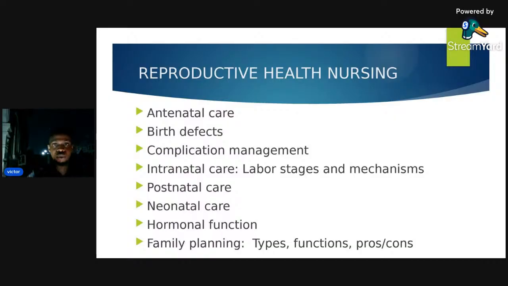The pros and cons, what you should know is that there are some pills that should not be used during breastfeeding, because it can interfere with breastfeeding. Some of them might reflect in the breast milk which you are giving to the baby, which may be injurious to the baby's health. So there are things you should know before opting for any form of family planning.